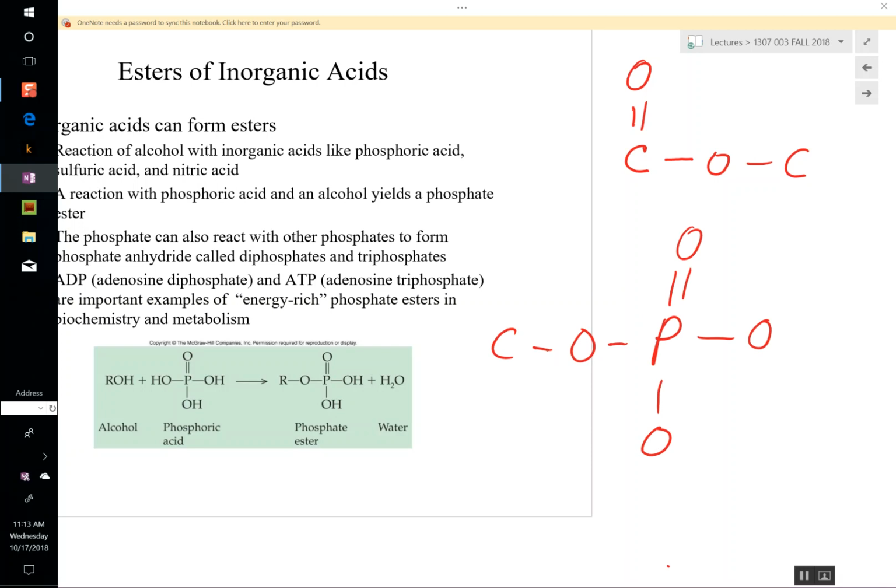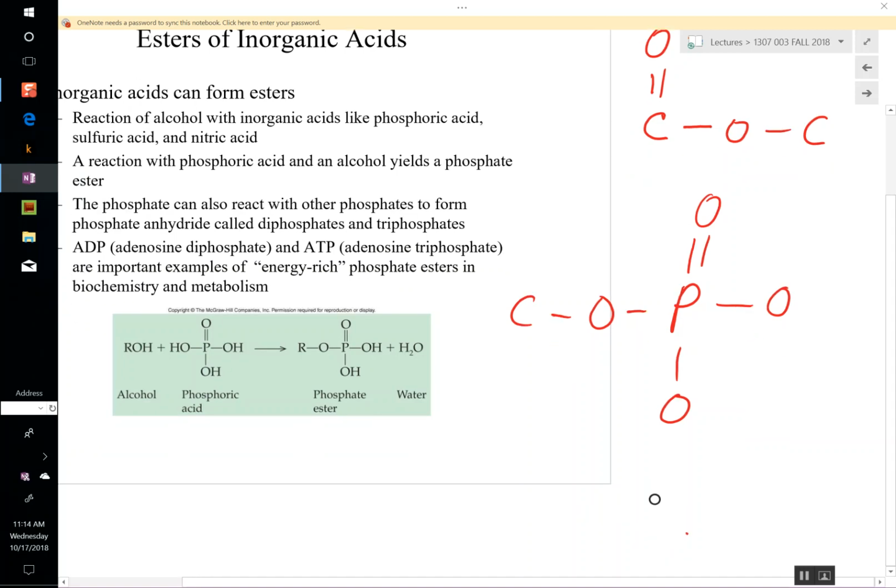But you can kind of see this structure in there. You can get that from reacting an alcohol with phosphoric acid. And you see you take out that water right there, and you get this RO-phosphorus bond right here. RO-phosphorus bond, phosphate ester.